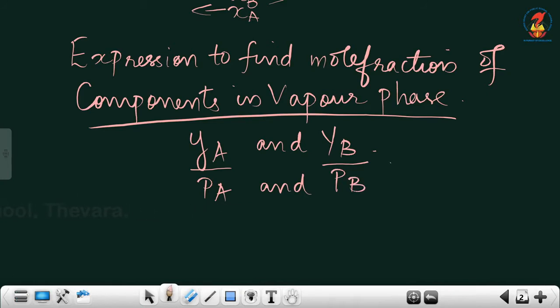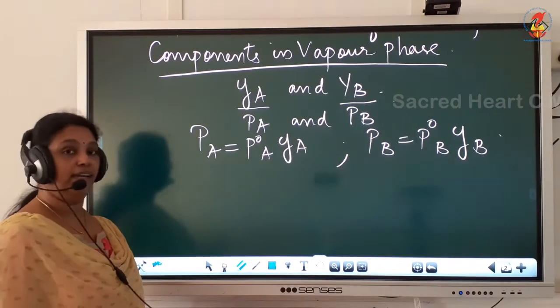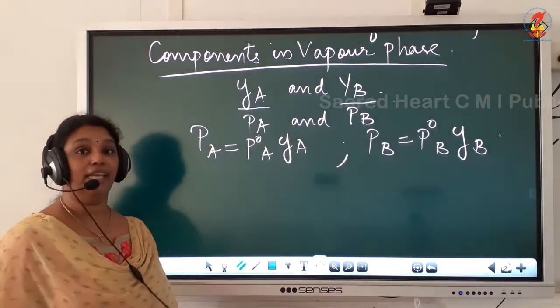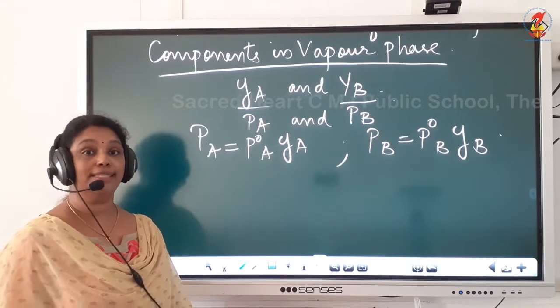According to Raoult's law, PA is equal to P0A into YA and PB is equal to P0B into YB. Instead of XA and XB, we wrote YA and YB, the mole fraction of solute and solvent in vapor state.